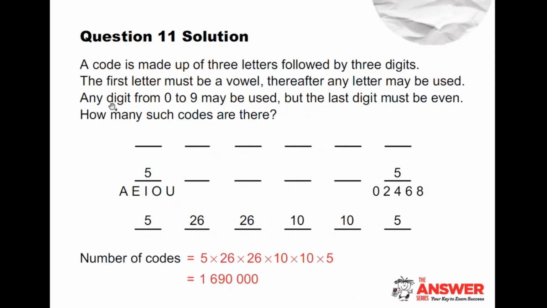But the other 2 digits, any digit may be used. So I get a 10 and a 10. And of course, once you've got the numbers in the slot, the rest is easy because, as we've discovered, you just multiply them and you use your calculator to get your answer. The difficult part is working out what numbers go into the slots.